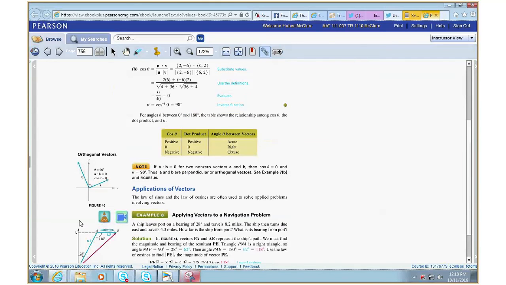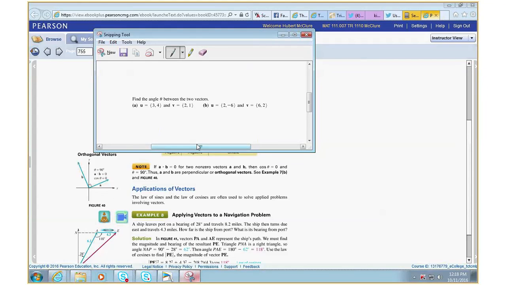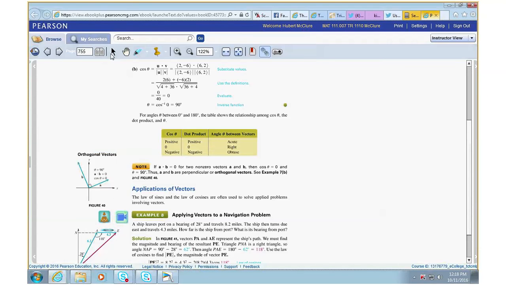All right. A ship leaves the port. Ship passes in the night. Two ships passing. I'll show you.